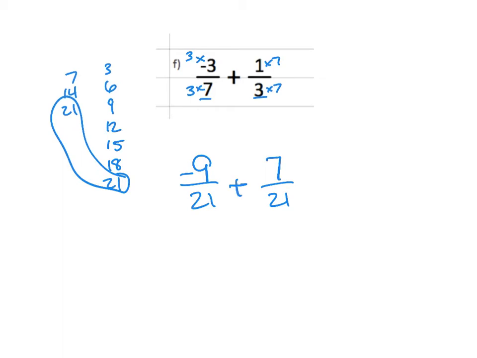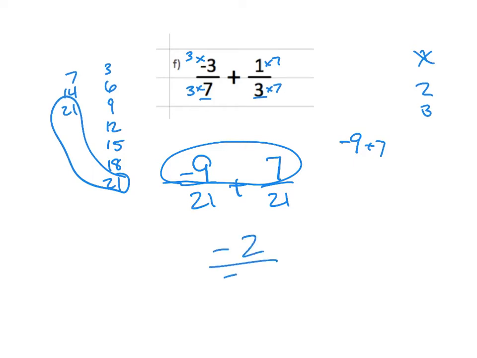We're going to add them together. Step 1 is done. Step 2, add the numerators. -9 plus 7. I'm going to come out of the hole, but not all the way. So I got -2 over 21. Denominators stay the same. Done with step 2. Cannot simplify it, so my answer is -2/21.